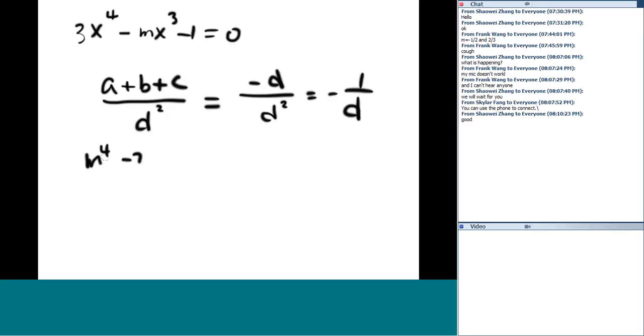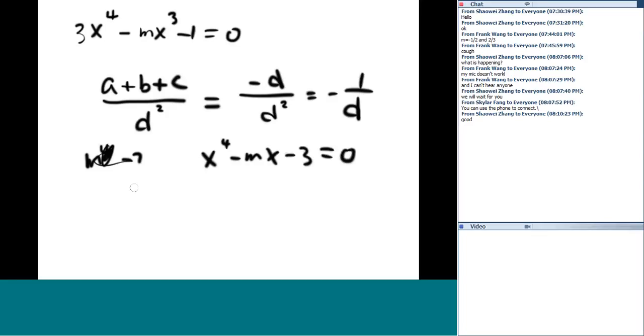I think my computer is kind of weird now. You start with the equation x to the 4 minus mx minus 3 equals 0.